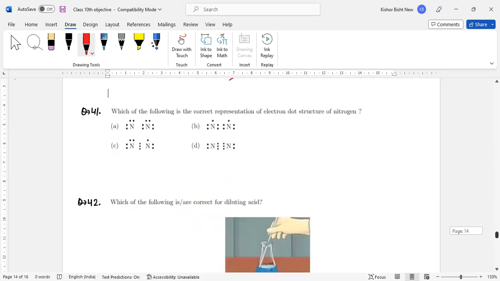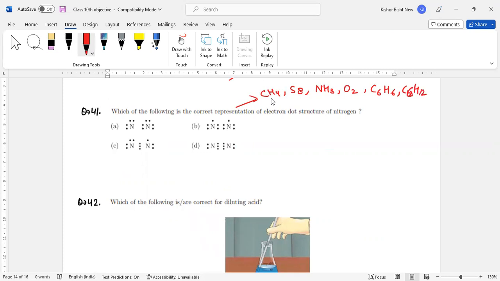Now, which of the following is the correct representation of the dot structure of nitrogen? I'm saying it first, all of you do some examples: CH4, S8 crown structure, NH3, O2, C6H6, and C6H12. These are the important examples for class 10th.